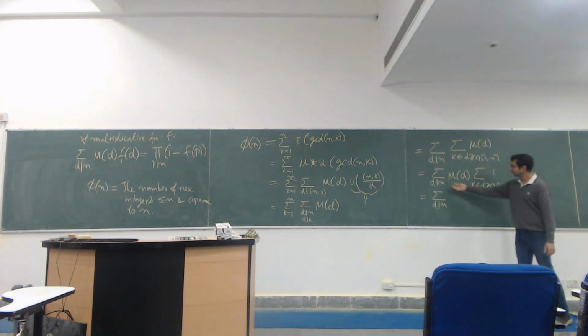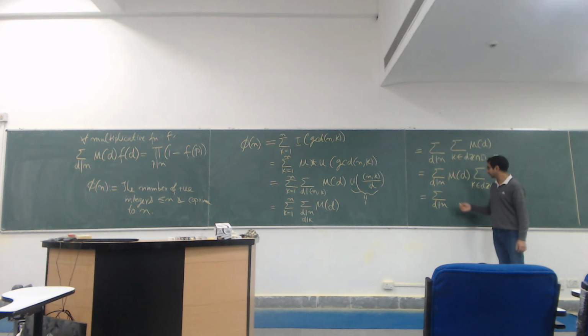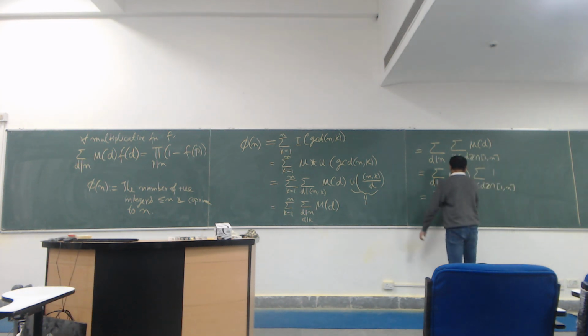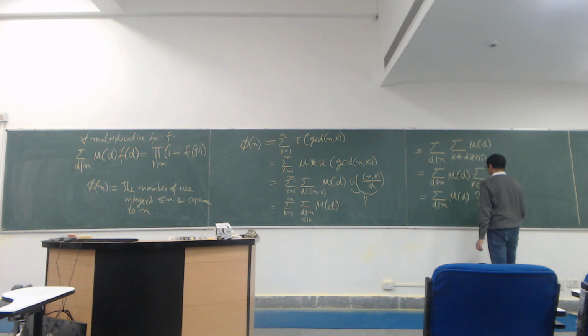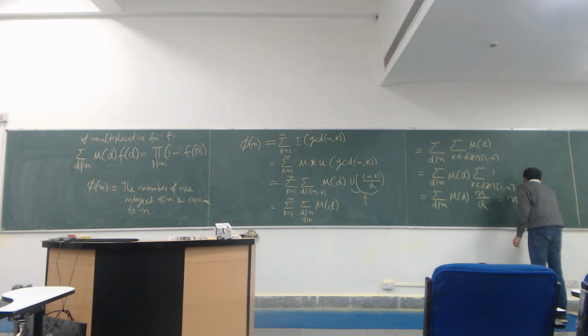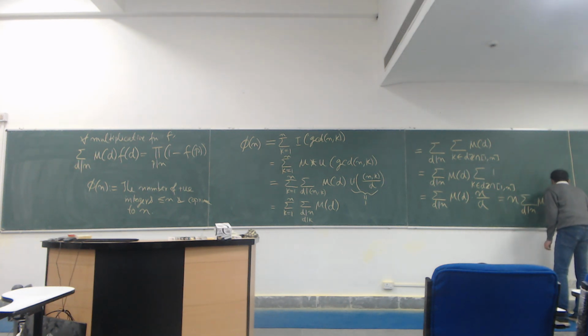Since d is a divisor of n, n by d is an integer, so you can just write it out. So this is mu(d) times n by d, or n times the summation over d dividing n of mu(d) times 1 by d.